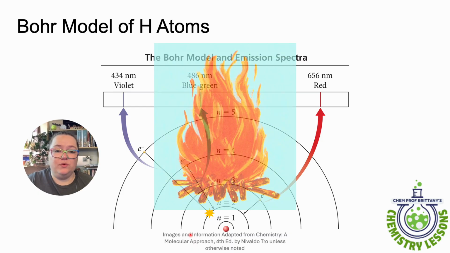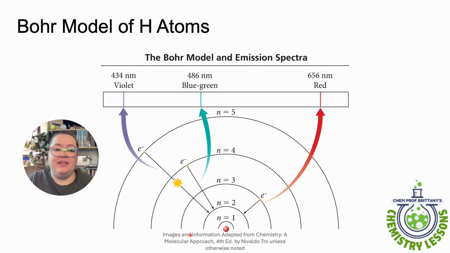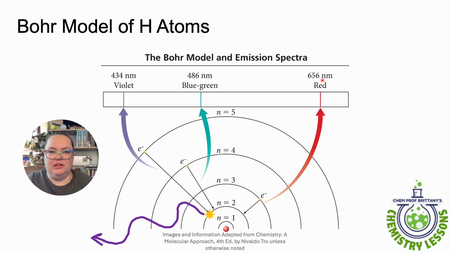We add heat to it, in this case a flame test, and that electron gets excited and moves up to a higher energy level. Then, when that electron drops back down to the energy level that it came from, it emits a purple wavelength of light. You'll see the same thing happening for that blue-green light and that red light. That is how it's like the fingerprint of our elements.